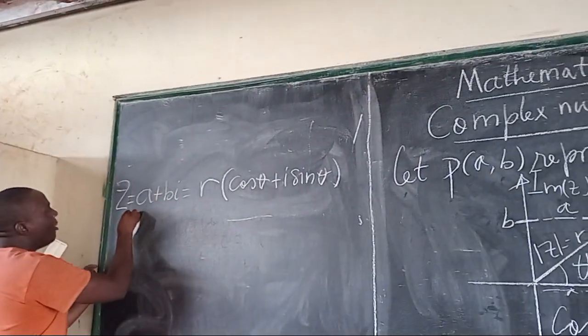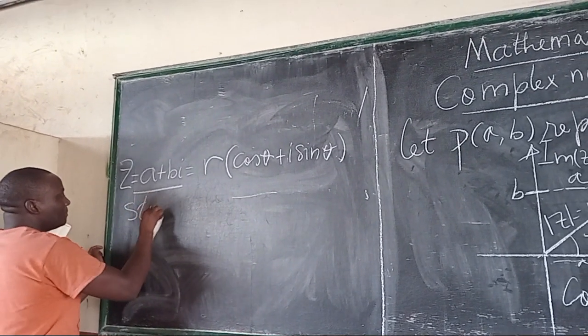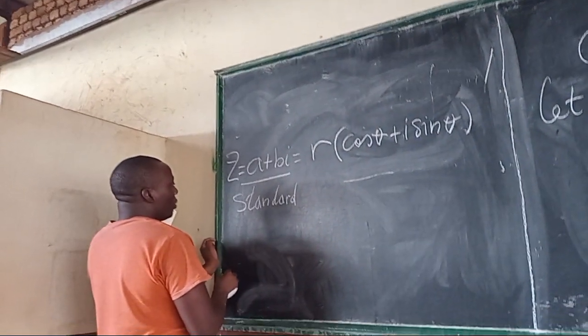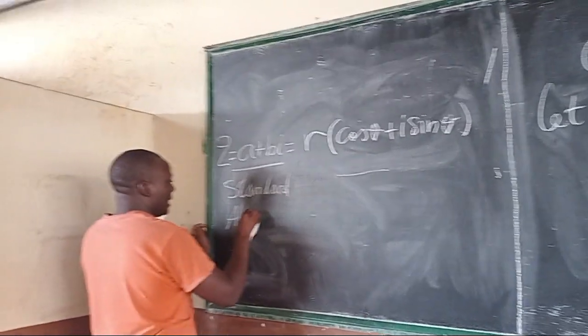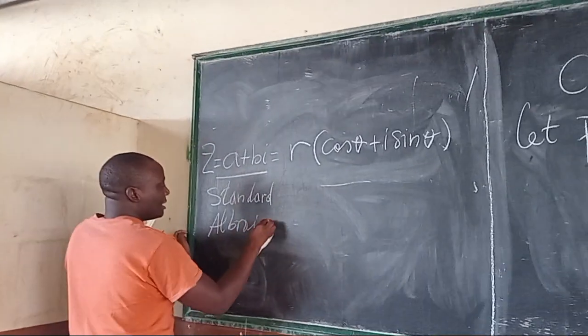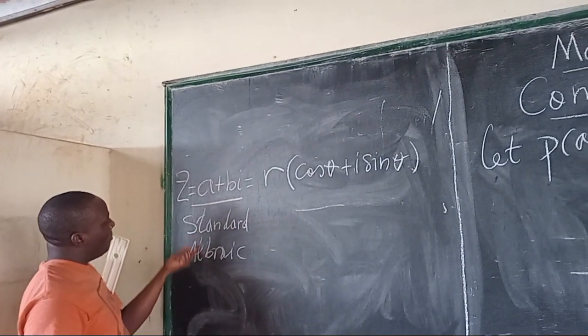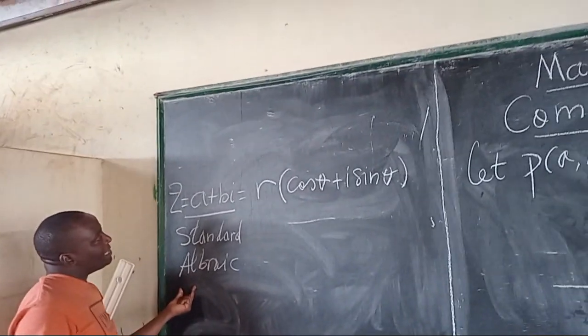There are four related ones: standard form, algebraic form, Cartesian form, which is the same as rectangular form.